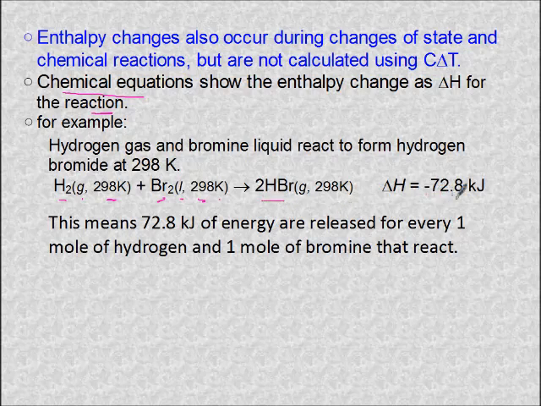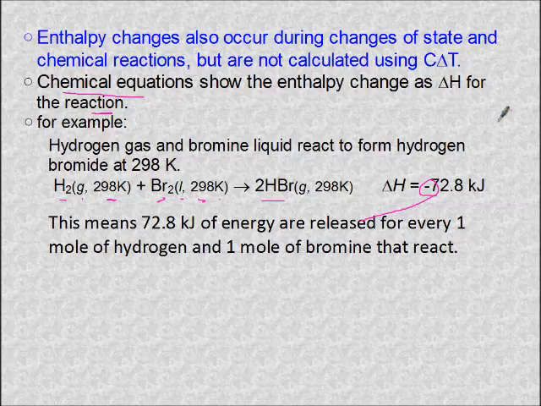Delta H is negative 72.8 kilojoules, which means that for every 1 mole of hydrogen and 1 mole of bromine that react, so for every 1 mole of this reaction, I'm going to have 72.8 kilojoules released. Released because I see a negative sign there. Negative sign means it's exothermic, it's released.